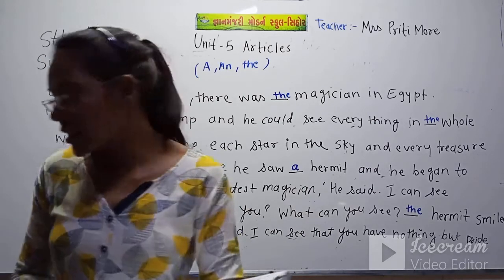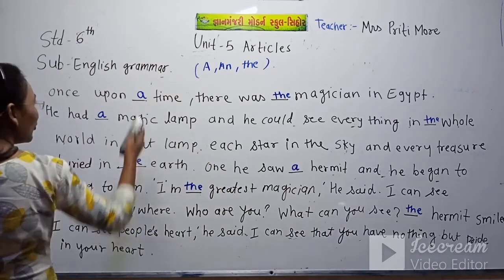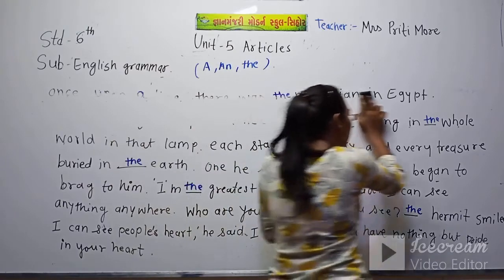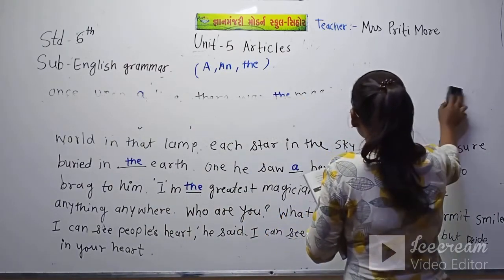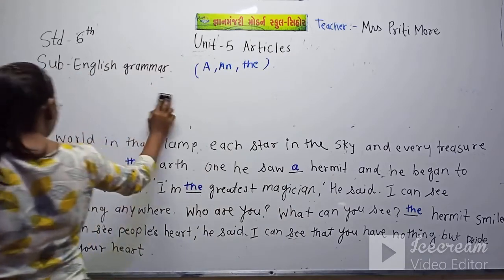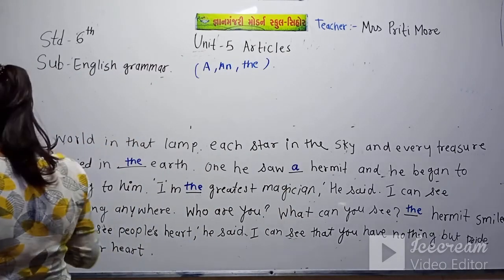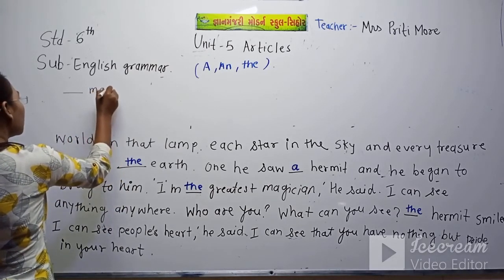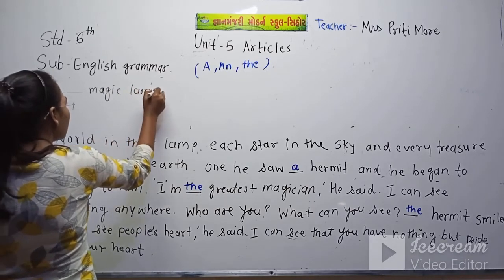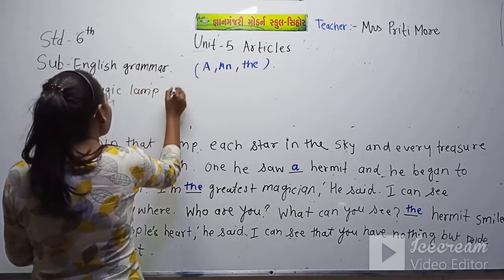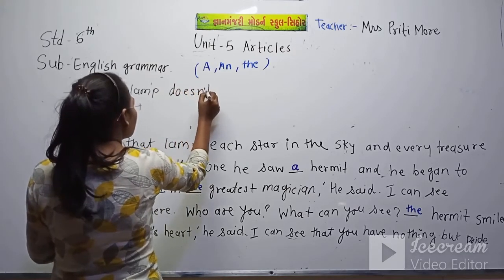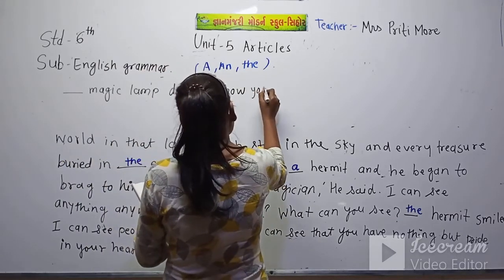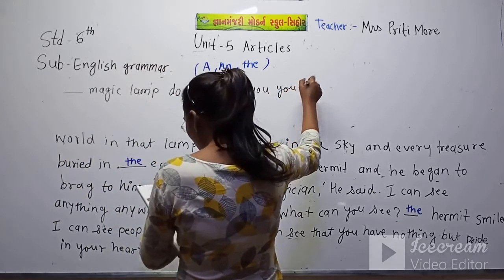So the two sentences are there again. I hope you have written the upper one, so I am just rubbing this. You also have to write with me in your notebook. Blank space magic lamp doesn't show you your ignorance.